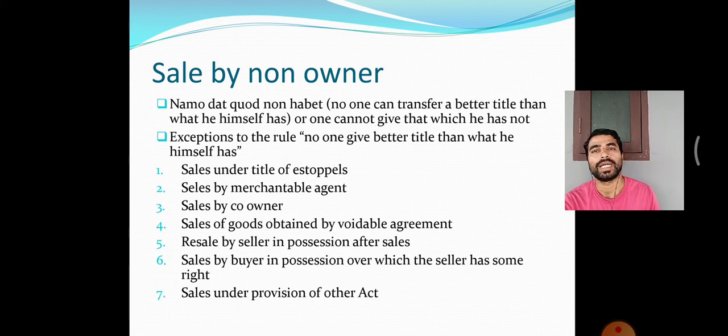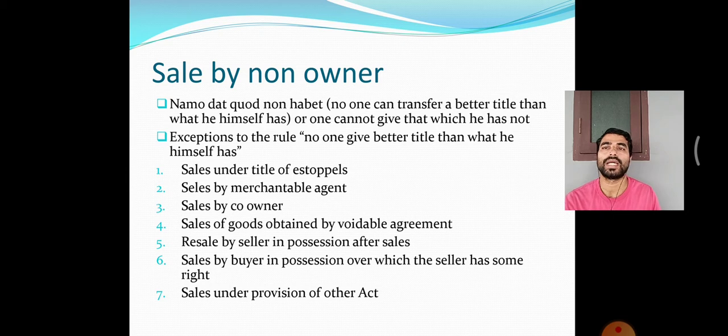Number one. So before that, there is a Latin saying. Let us discuss that. Nemo dat quod non habet, which means no one can transfer a better title than what he himself has.